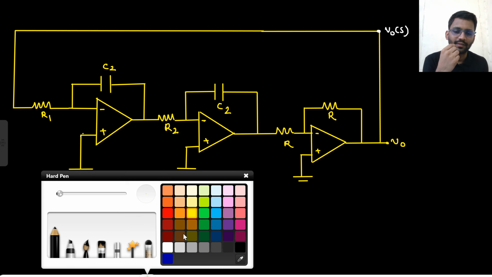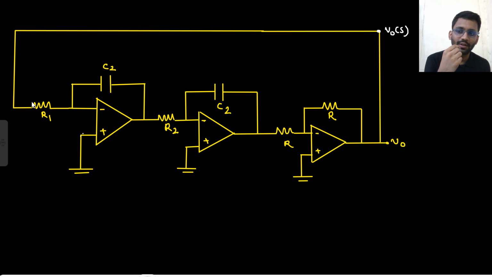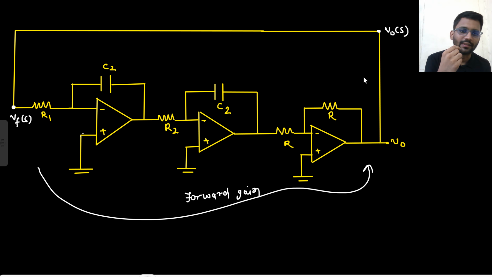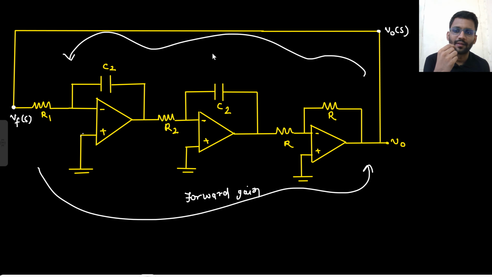Now can you see it? From the output, complete VFS is this one, and this is the forward gain, and this is the feedback.